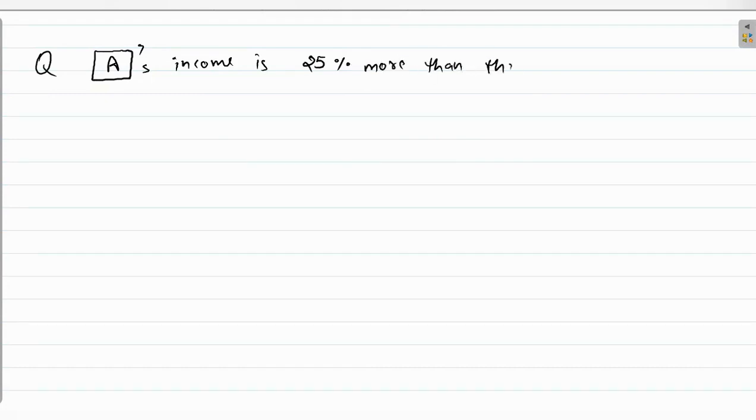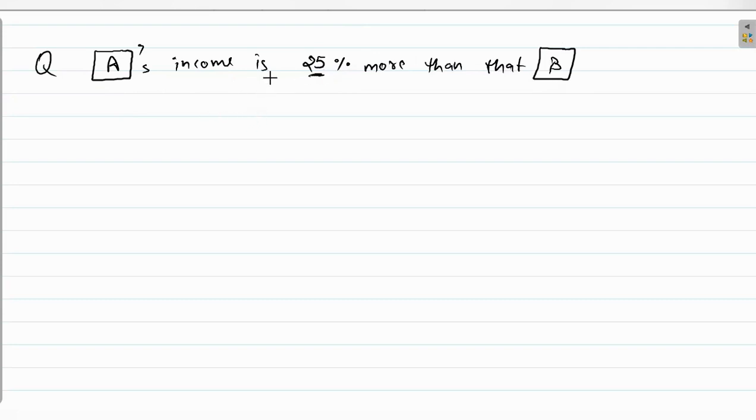One more question. So they are saying there is a person A. A's income is 25% more than that of B. Okay, there are two persons, A and B. They have compared A's income with B's income, and found that A's income is 25% more than that of B. Get it?